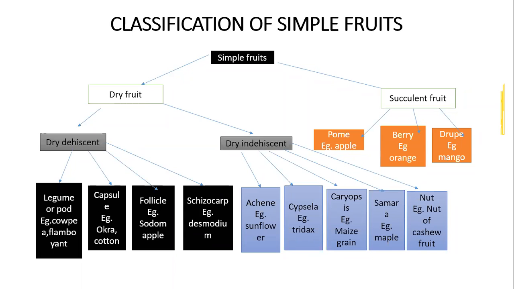Now this locule is the space in the fruit in which seeds are found. So when you take one mango fruit, the whole fruit is one locule. But when you take a fruit like desmodium, it has more than 3 locules. That is a confinement containing seeds.